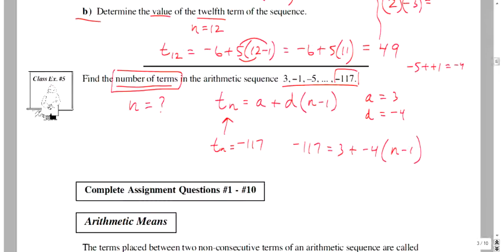Everybody clear on how we got here? Okay. What do I do now? I need to solve this for n. Let's get rid of the 3. How do I do that? It's plus 3, so I minus it to both sides. Negative 120 is negative 4 times n minus 1.